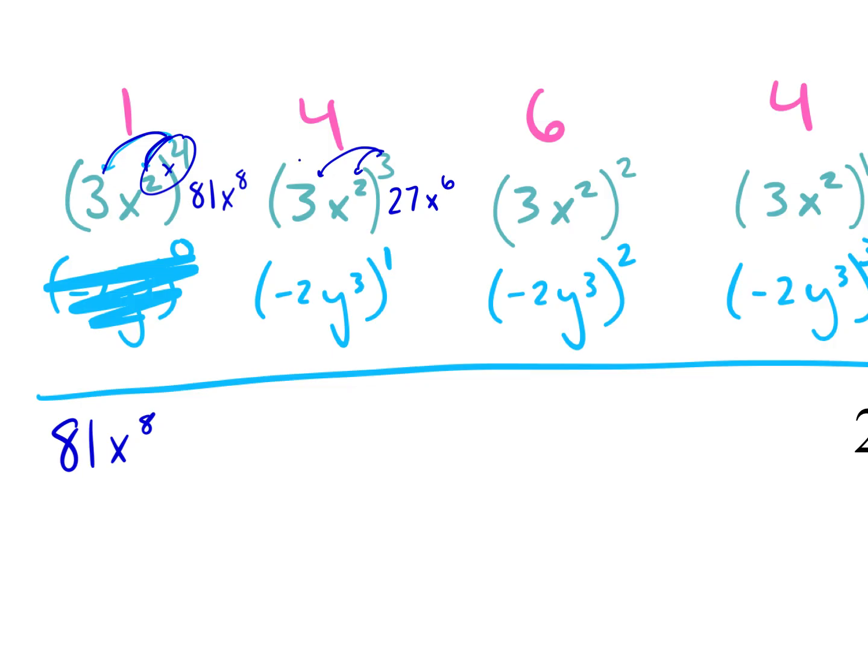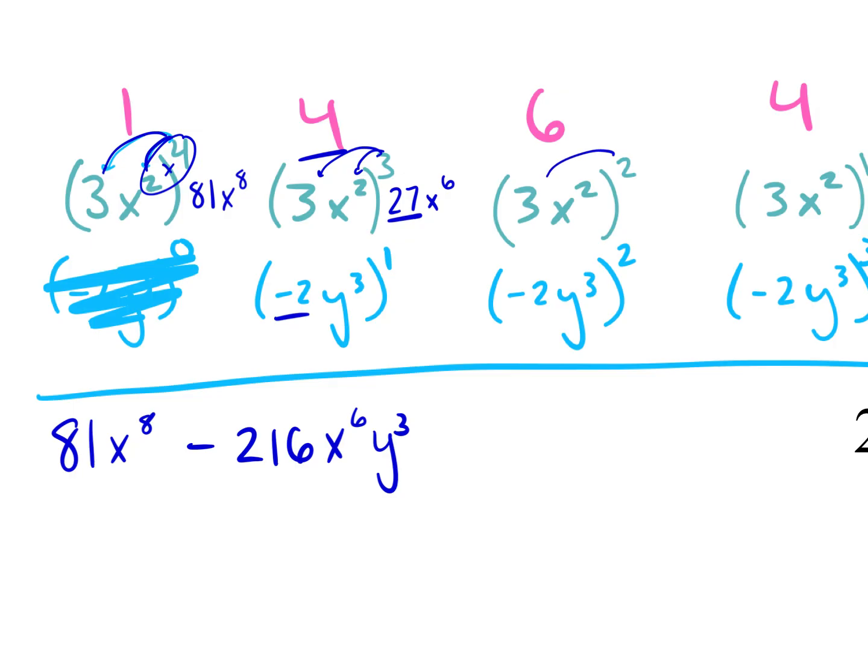So we have 4 times 27 times negative 2, which would be negative 216 x to the 6th power, y to the 3rd power. So remember, when you have two variables, just keep it in alphabetical order. Put the x's first, the y second.